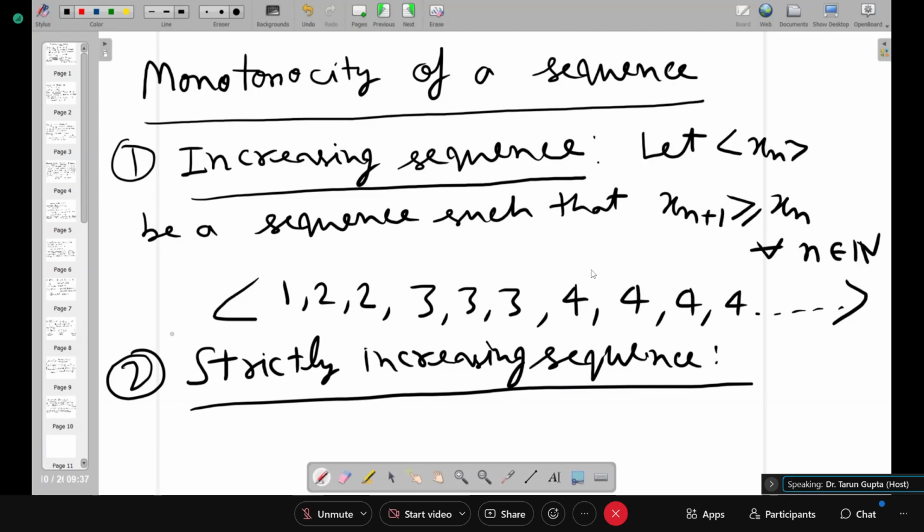So we can say that it is both increasing and decreasing, because the decreasing definition is xn+1 less than or equal to xn. So for a constant sequence, you can say both.